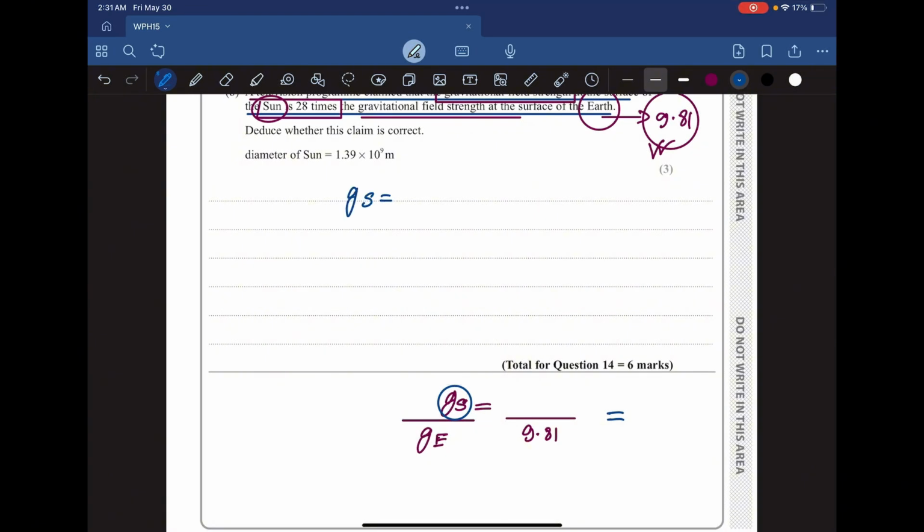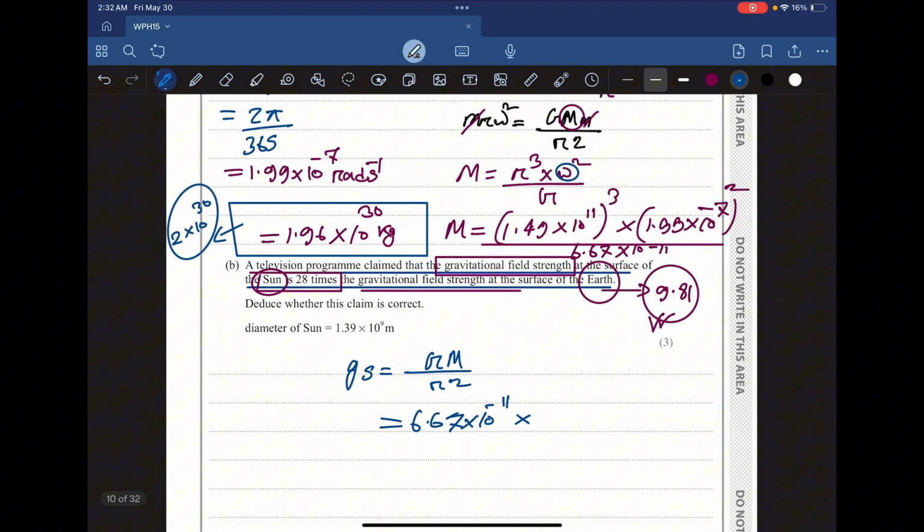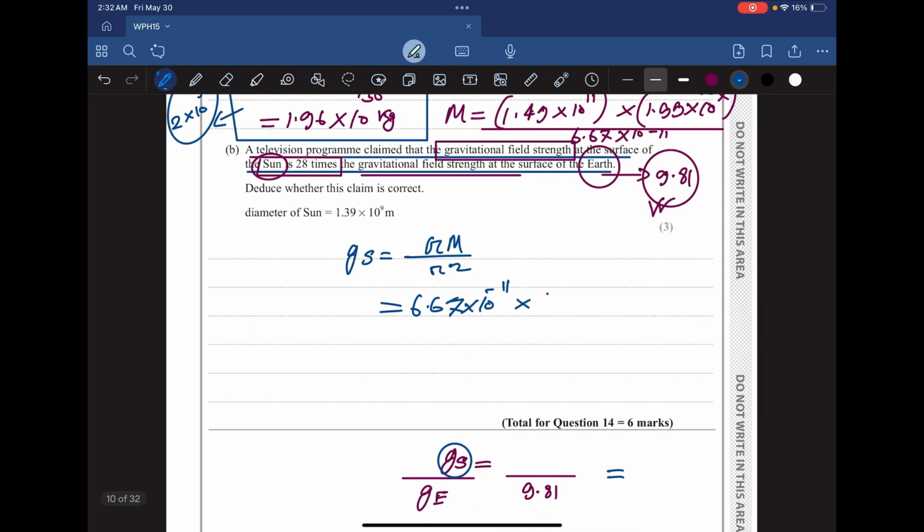To figure out the gravitational field strength, there is a very easy formula, which is GM by r squared. G is 6.67 into 10 to the power minus 11, multiplied by the mass of the sun that we figured out previously, which was 1.96 into 10 to the power 30, divided by r squared.